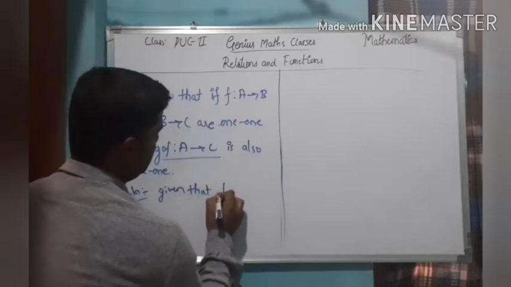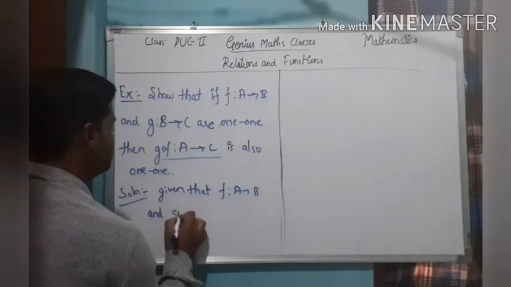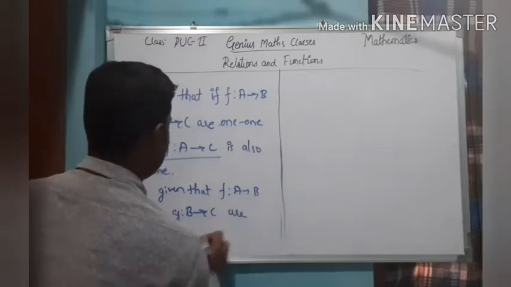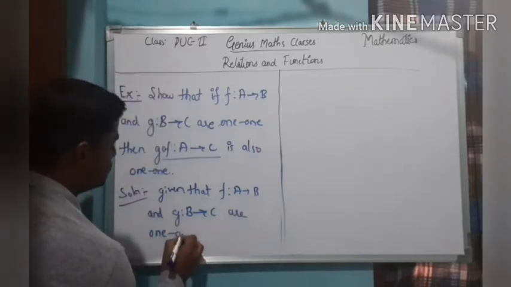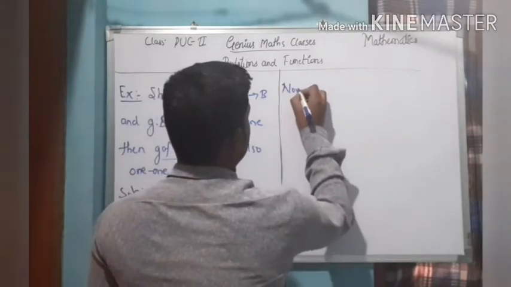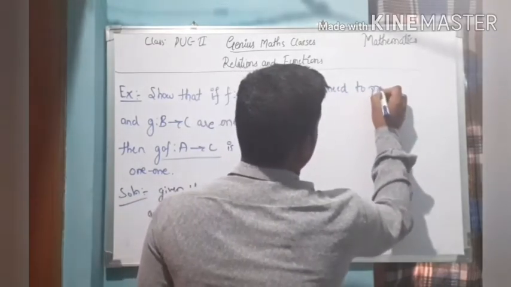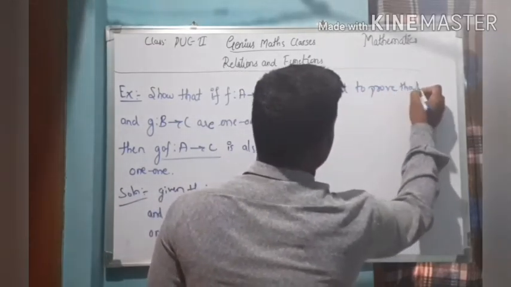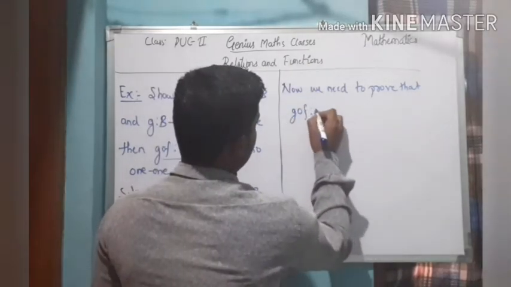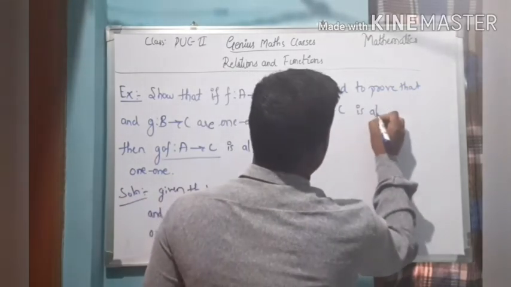Given that f from A to B and g from B to C are 1-1, we need to prove that g naught of f from A to C is also 1-1.